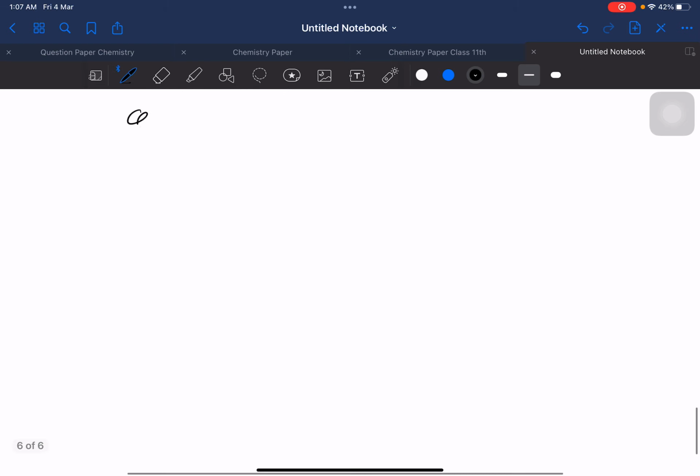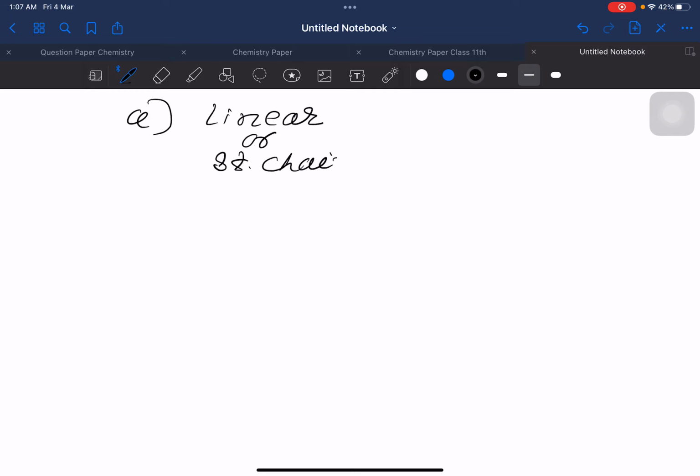First one is the linear, straight chain polymer. When the monomer molecules are joined together in a linear arrangement, the resulting polymer is called a straight chain polymer.